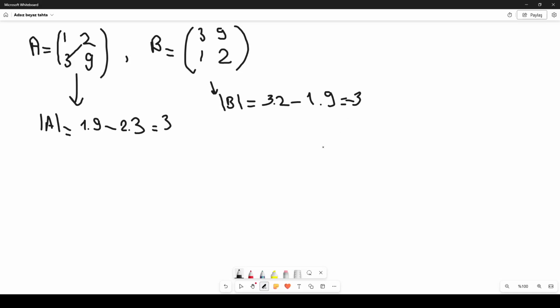The simple observation we make here is that we have 3 here and minus 3 here. And what is the reason for that?